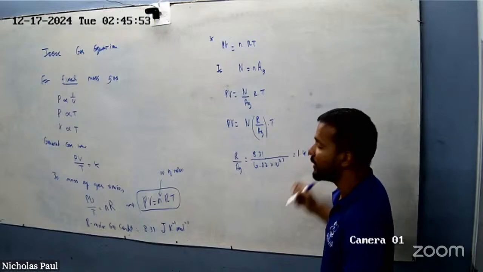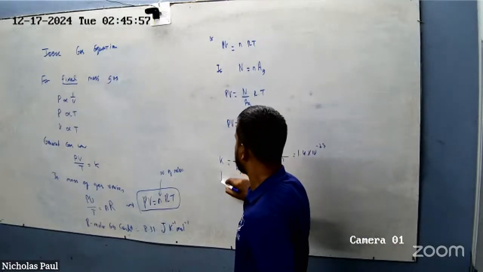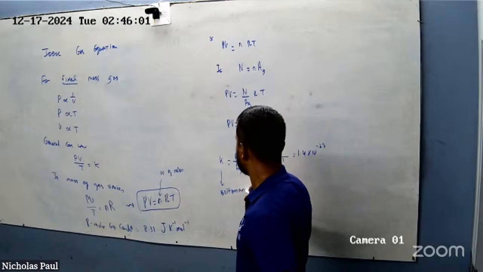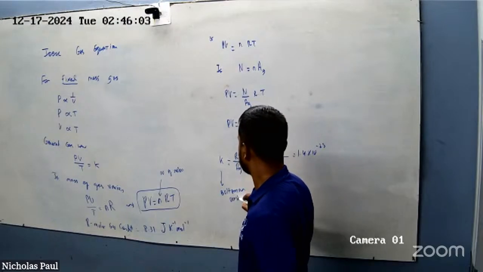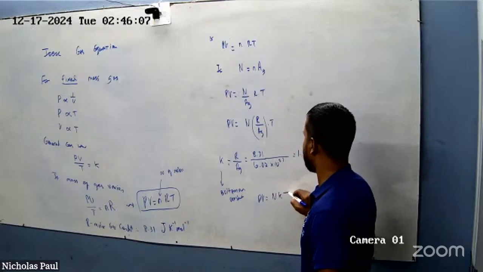This here is a new constant, k. k is called your Boltzmann constant. So PV is equal to NkT.